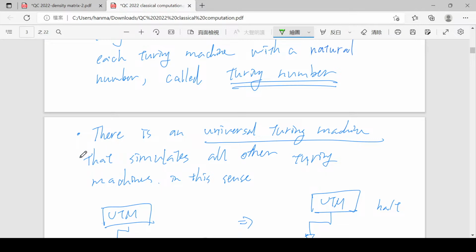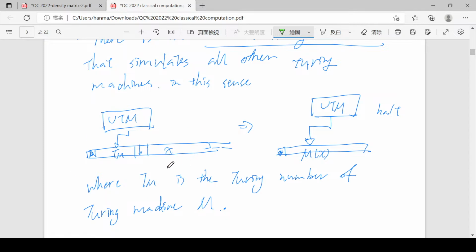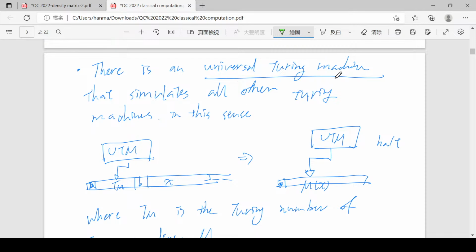And finally, more about this simulation idea is something very cool called the universal Turing machine. It can simulate all other Turing machines in this sense. There is just one machine, the universal Turing machine, and if you feed it a special input, where your input is taken in 3 parts. There is a star symbol, and the first part is the Turing number of the machine you want to simulate.